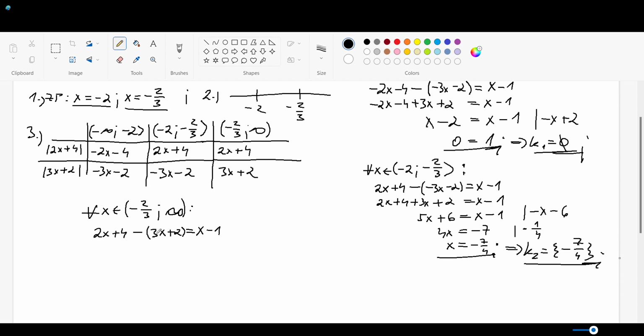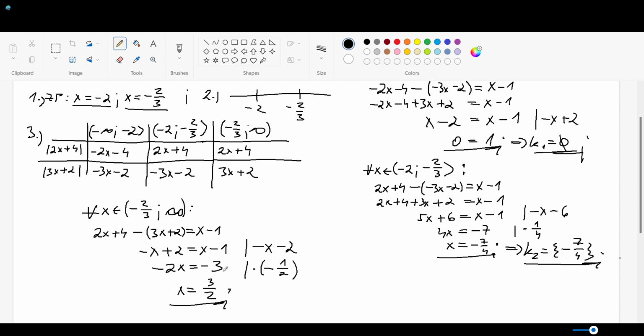Let's simplify the expressions. 2x minus 3x is negative x. 4 minus 2 is plus 2, is equal to x take away 1. So let me do it like this. Okay, minus x minus 2, which means negative 2x is equal to negative 3. Now we do the multiplication times negative 1 over 2, so x is equal to 3 over 2.